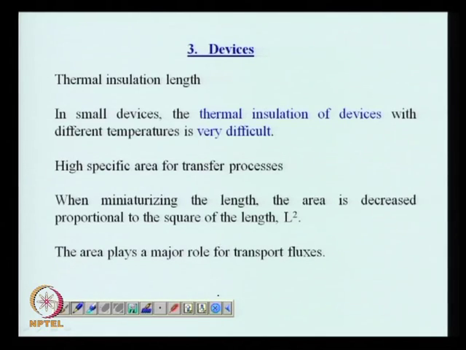We know that, for example, in a micro heat pipe, one of the major problems is the presence of parasitic heat fluxes in the system, because if you have a channel made, and let us say the channel is made of silicon, we not only have flow of liquid from the cold side to the hot side, and then the evaporation is going to take place, which is going to extract heat, and then the vapor is going to come back and condense at the hot end, thereby releasing the amount of energy. So, this kind of phase change mechanism is the cause of the high transfer rates of these devices.